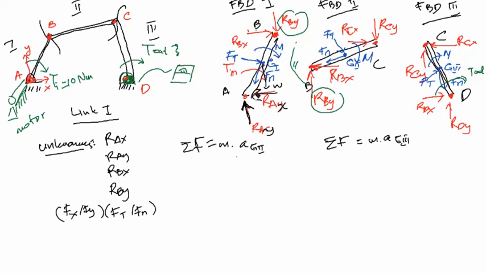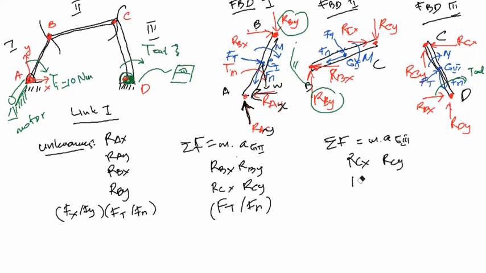Yes. And in link 2, how many unknowns? We have RBX, RBY, RCX, RCY, and the inertia force, Ft or Fn. And in the last link, we have RCX, RCY, RDX, RDY, and we have T output.